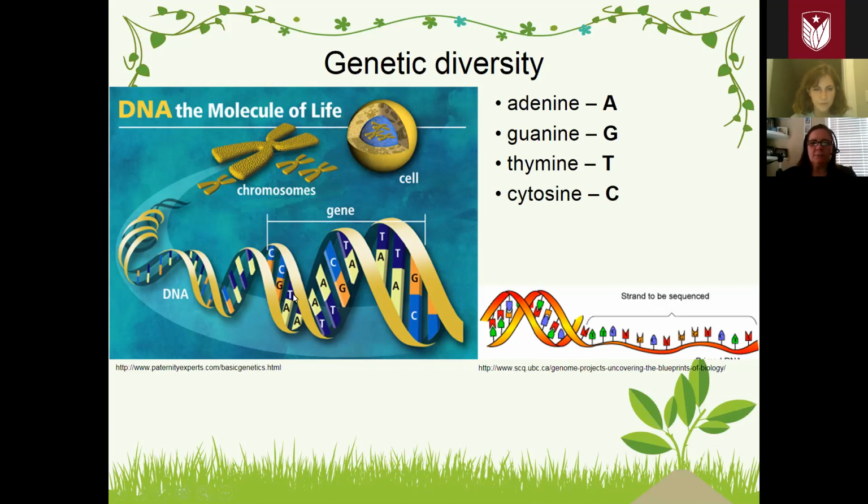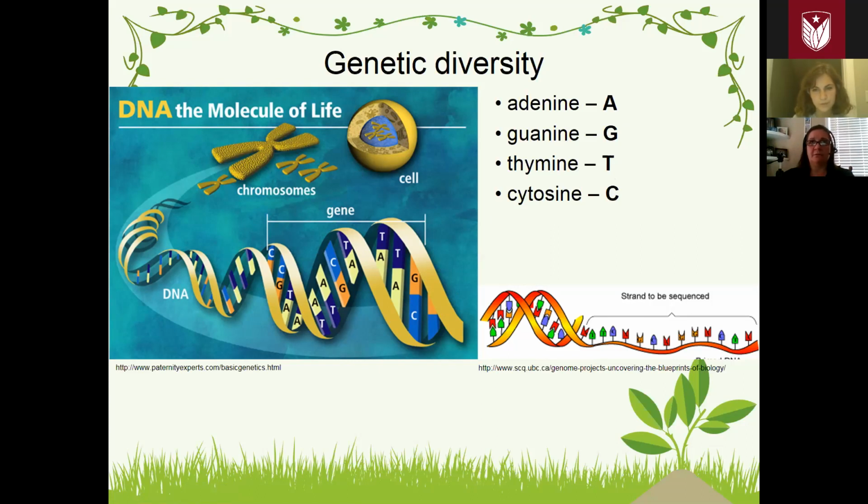DNA is made up of 4 different smaller molecules, which we call A, G, T, and C: adenine, guanine, thymine, cytosine. Each human and each living organism has a sequence or a length of just these 4 different molecules.